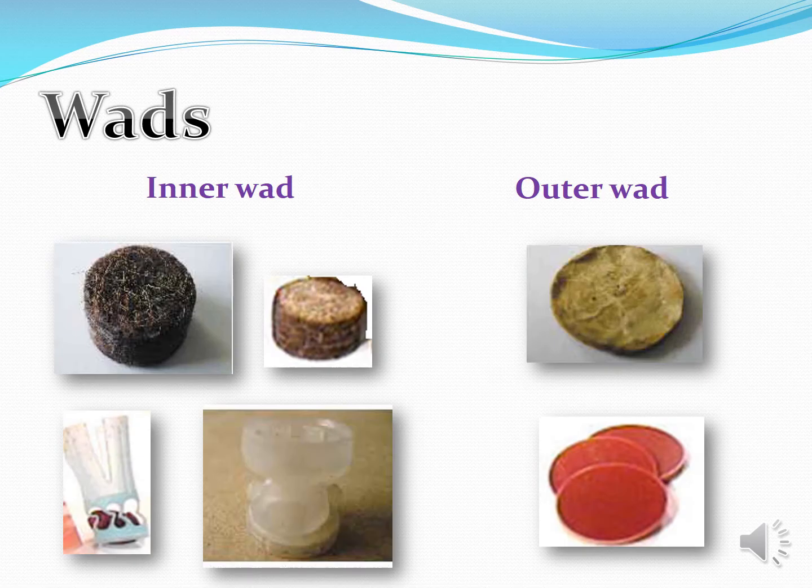What is the difference between the inner weight and the outer weight? The inner weight has a thickness of about 1 centimeter, but the outer weight is about 1 millimeter. Comment like your practical book.